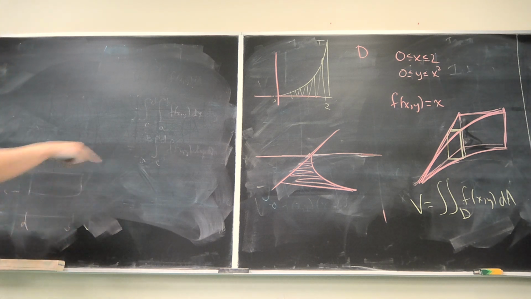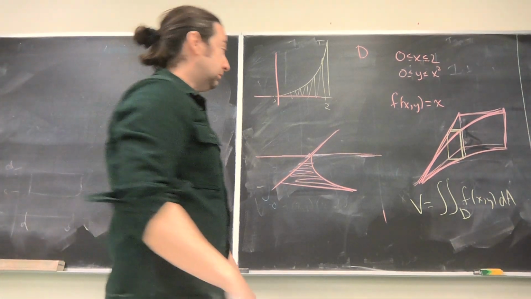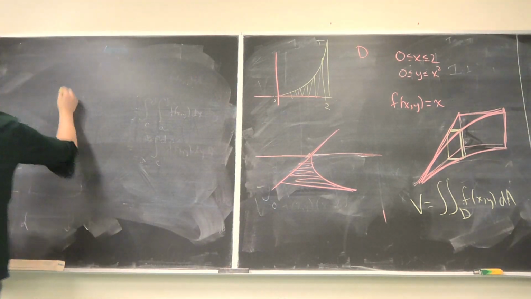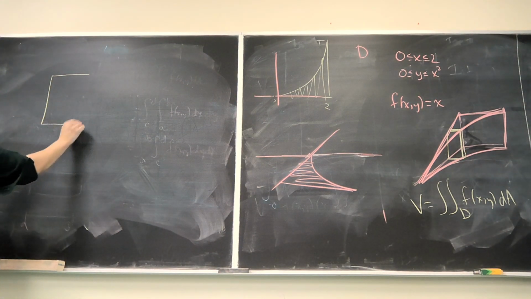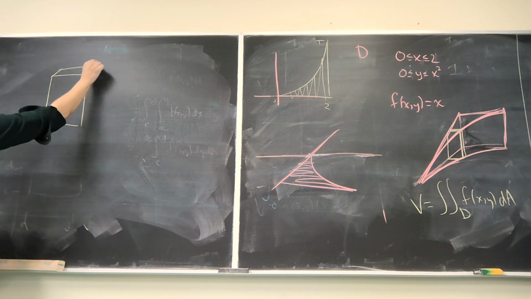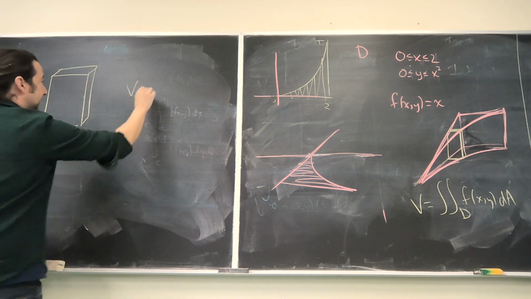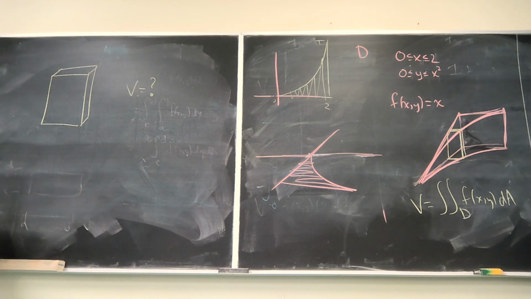So if I was going to try to write this integral down, I might think to myself, I need somehow to calculate the volume of this slice. Because if I could figure out the volume of the slice, I could add all the slices up.